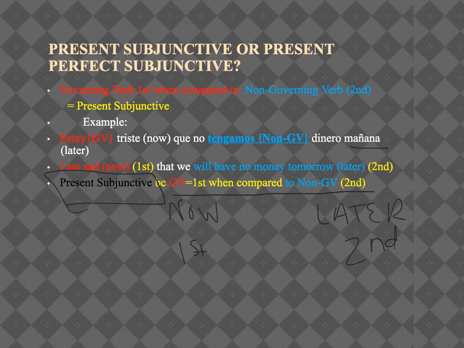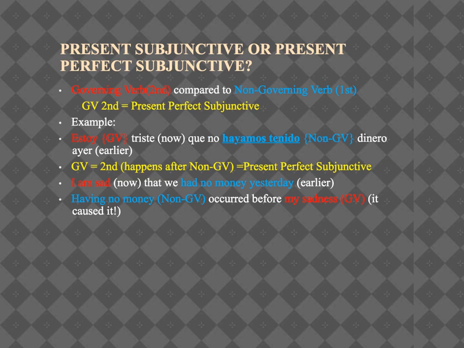Woo, there you go. But when you compare your governing verb to your non-governing verb, again, subjunctive is required, your governing verb is in a future or present tense, but your governing verb happens second. So this sentence: I am sad right now that we didn't have money yesterday. Governing verb is happening now.